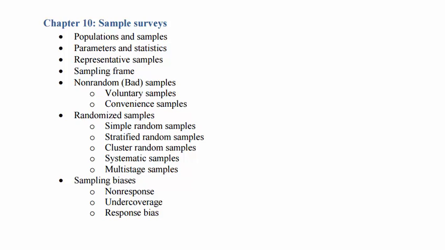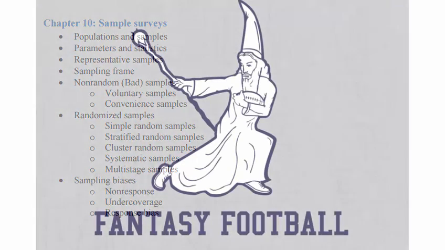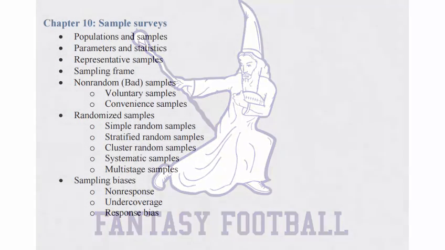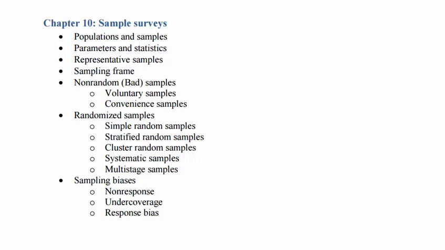And I love thinking of ways to sample poorly, because if you were to ask people, hey, do you like fantasy football? Want to take my fantasy football survey? You'll get free stuff for doing it, free fantasy football stuff. Well, the people who would be most inclined to do that are going to be the ones who like fantasy football. And you're not getting a representative view if you want to understand, do UT students like fantasy football? And if you just hold up signs like free fantasy football stuff for people who take the survey, it's a really long sign.